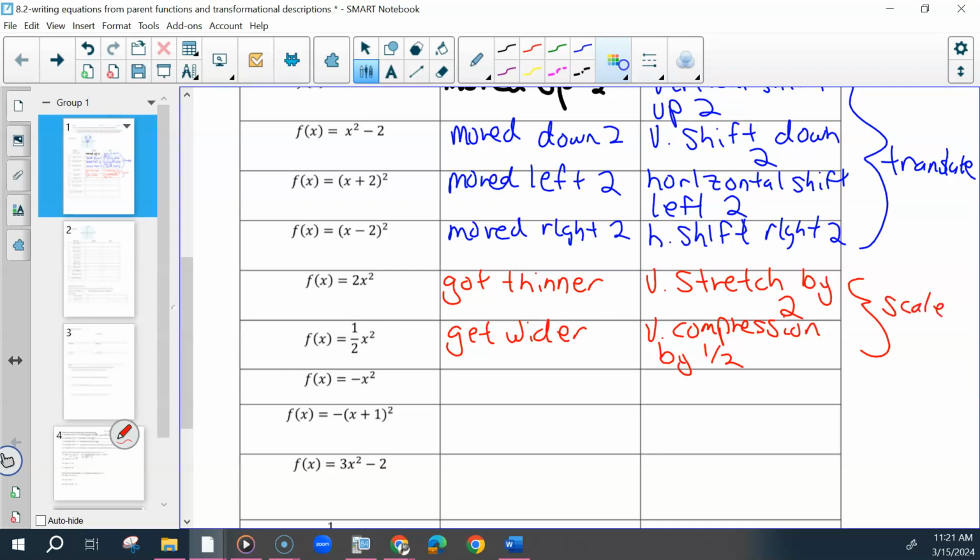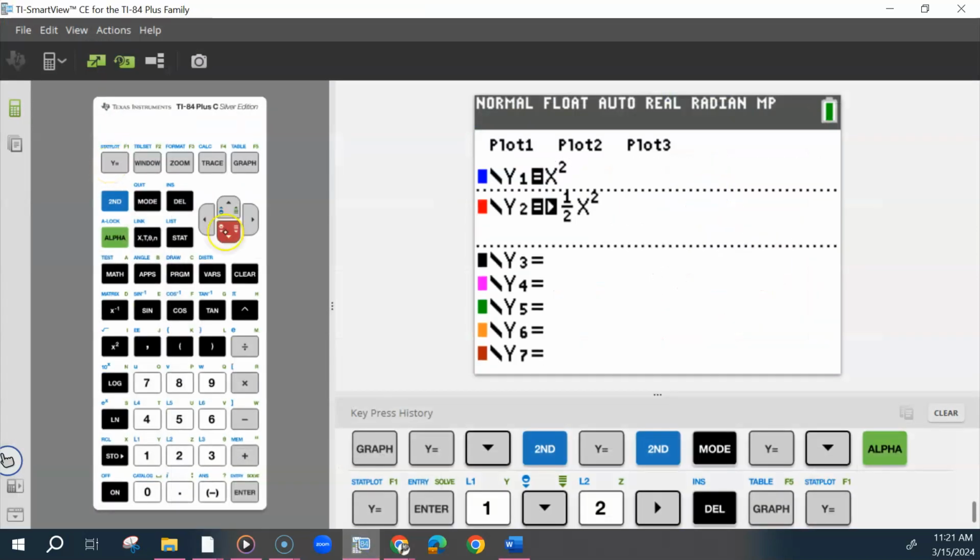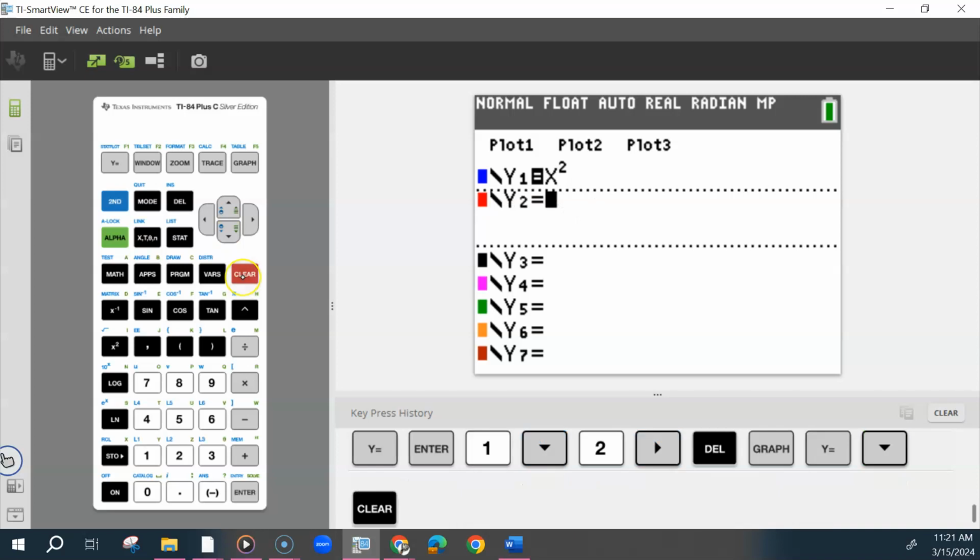Right. Then we're going to see what happens when we put in this negative x squared. Make sure it's a negative, not the subtraction sign. And go ahead and graph that and see what happens.